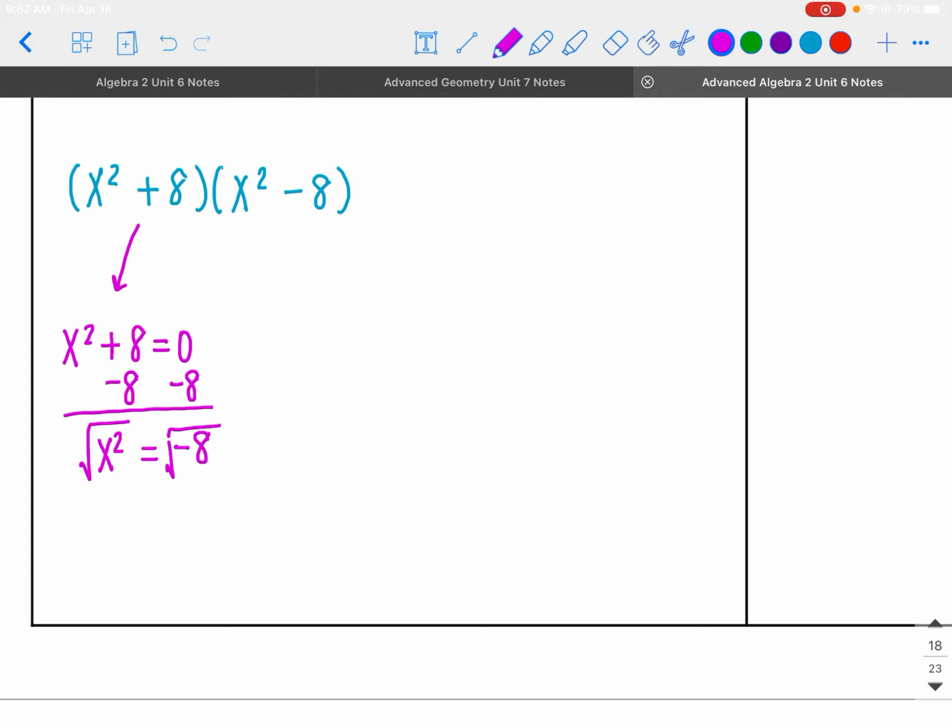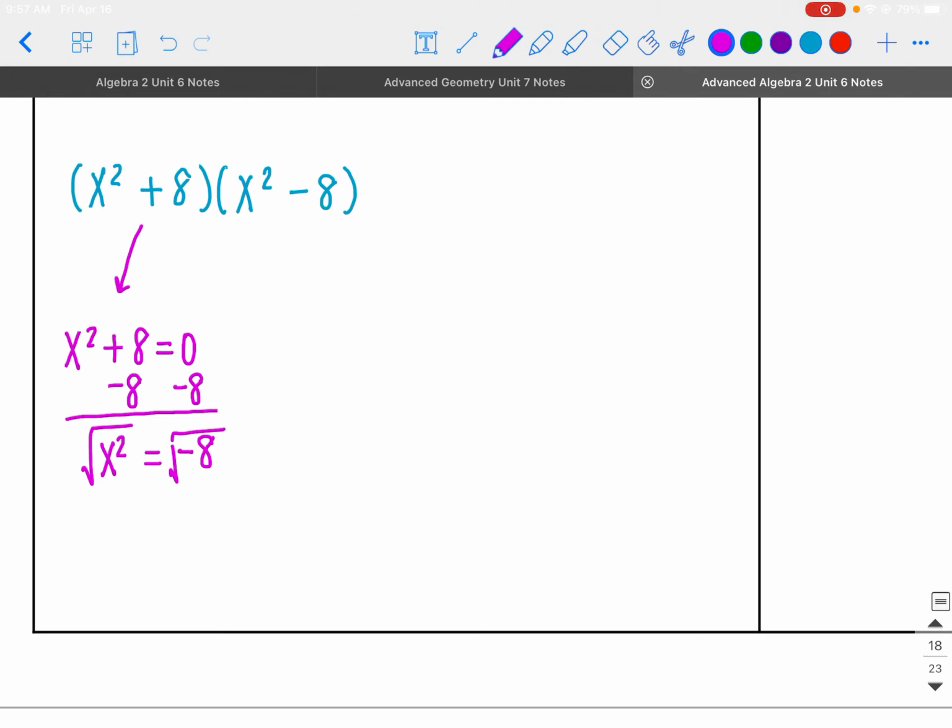Now 8 is not a perfect square, so remember back to when we simplified radicals. So the first thing we pull out is the -1. Make sure when you're dividing this up, you're bringing the square root with it. A lot of you just write -1 there. Make sure that you're bringing the square root.